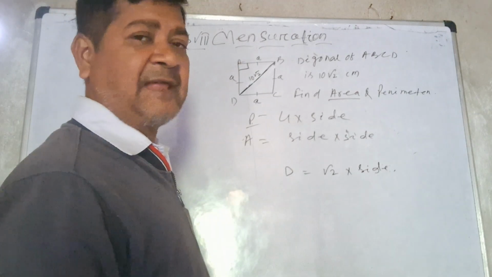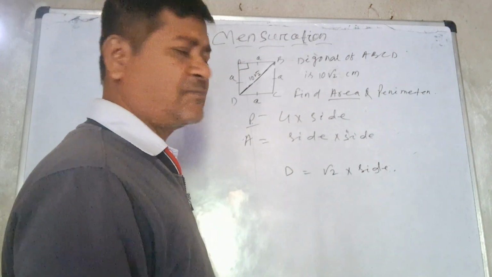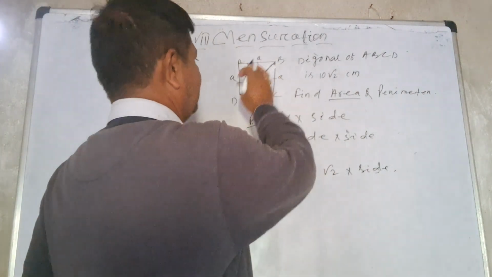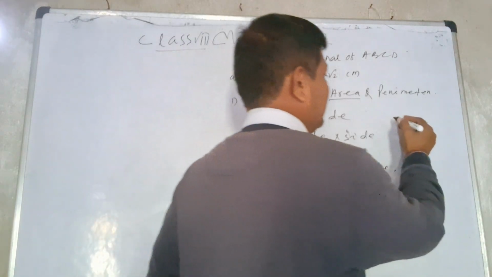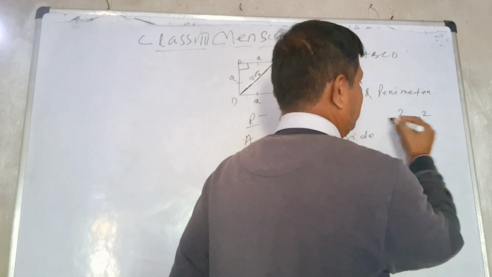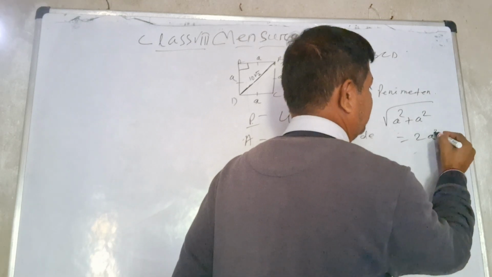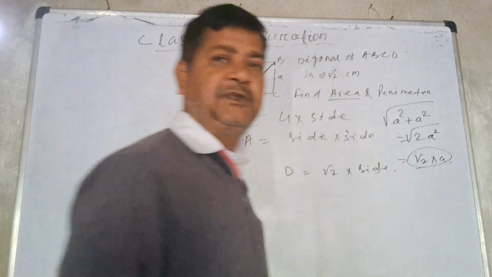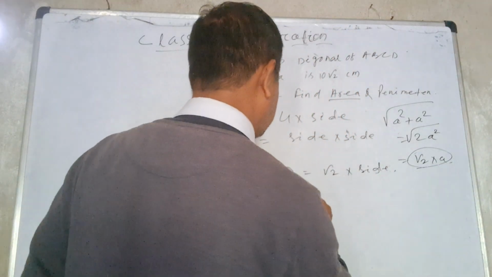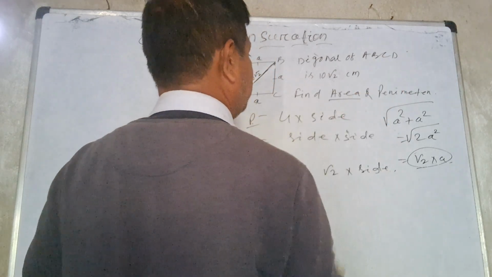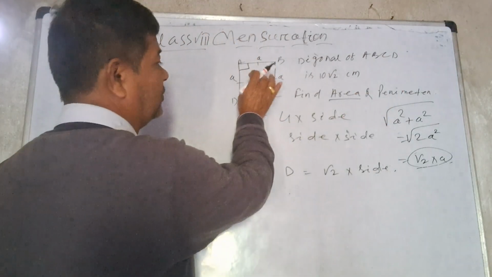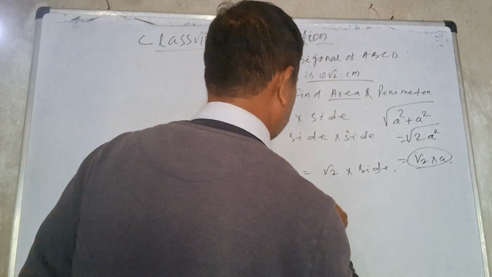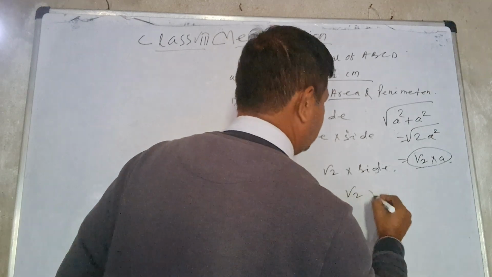If A was given, then A square plus A square, I showed you using Pythagoras triplet, square root of 2A square, which is root 2 A. Root 2 A is your diagonal. So D equal to, here it is given, 10 root 2. Diagonal is 10 root 2, so 10 root 2 equal to root 2 into side.